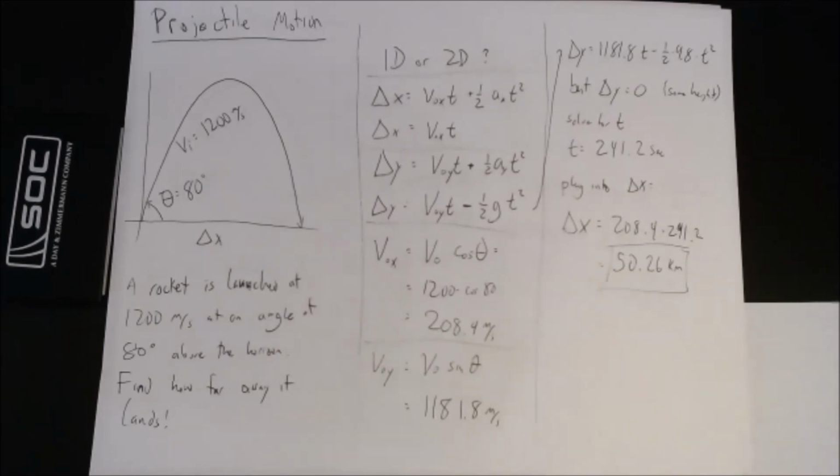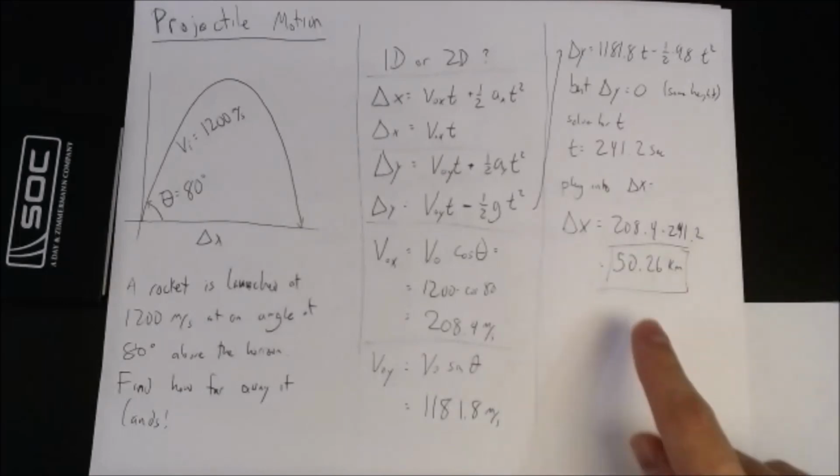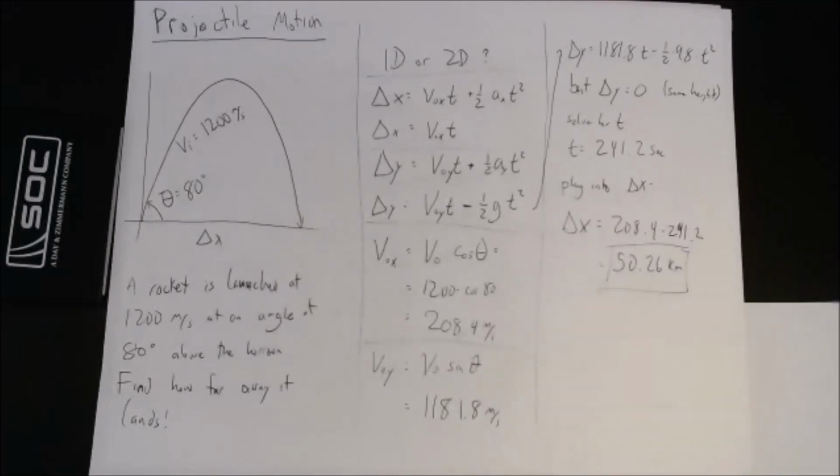On a test, I'll always tell you what units you should be using. If there's ever going to be a confusion about what units to use, I will tell you. I could have just as easily written 50,260 meters here, but why do that when you can write kilometers? It's good to get practice converting between those.